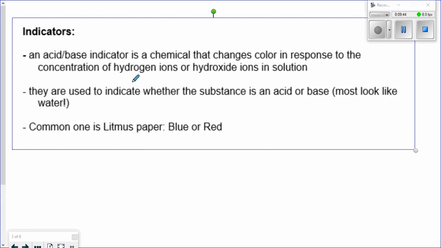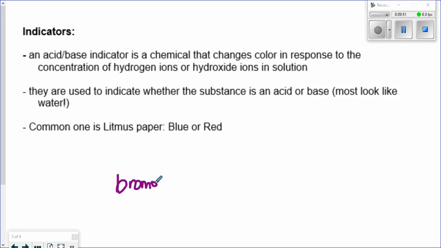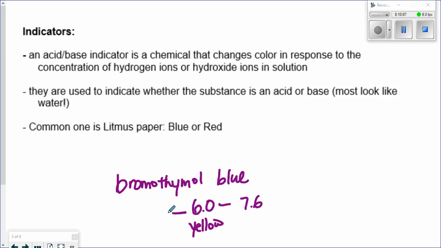And if it's some type of green, let me write this down. So 6.0 to 7.6. If it is yellow, it's less than 6 on the pH scale. We don't know if it's a 5 or if it's a 2, but we know that it's less than 6.